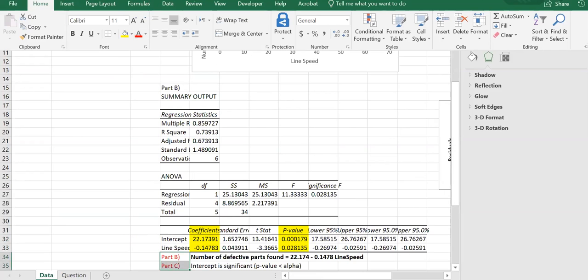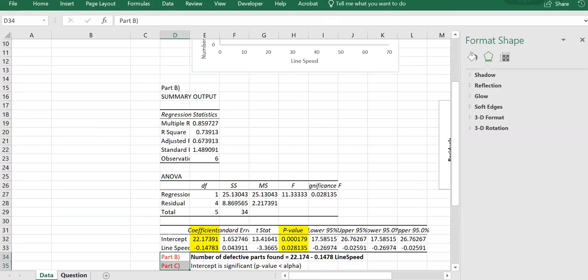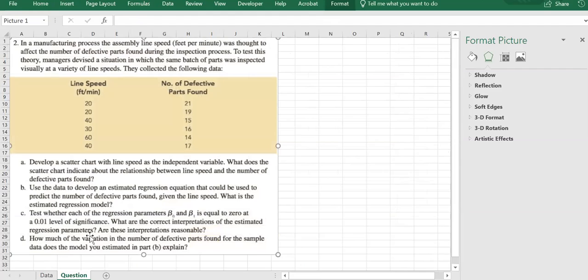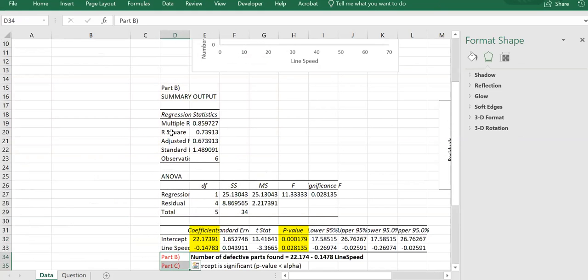And then part D of this question: How much of the variation in the number of defective parts found for the sample data does the model you estimated in part B explain? And that's just the definition of the R squared.